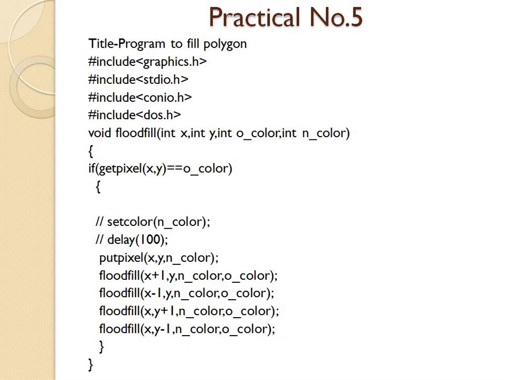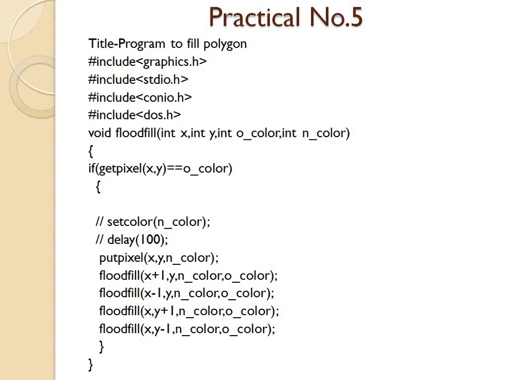In the flood fill algorithm, we start with some seed pixel and examine the neighboring pixels of this seed pixel. The pixels are checked for a specified interior color. First we check the interior color; if this interior color is the old color, then we replace it with the new color.